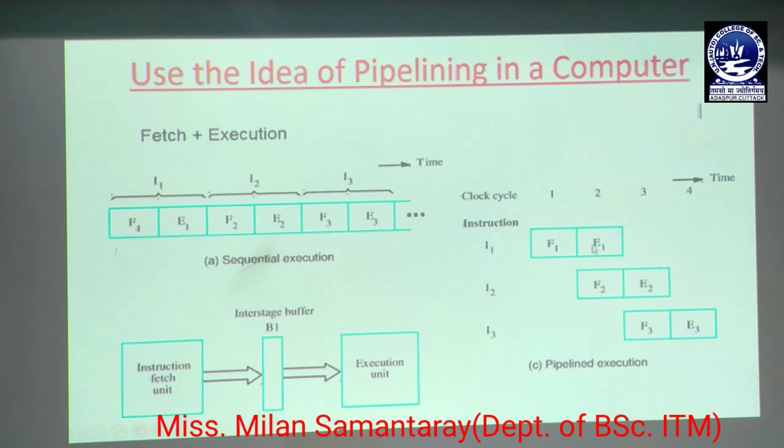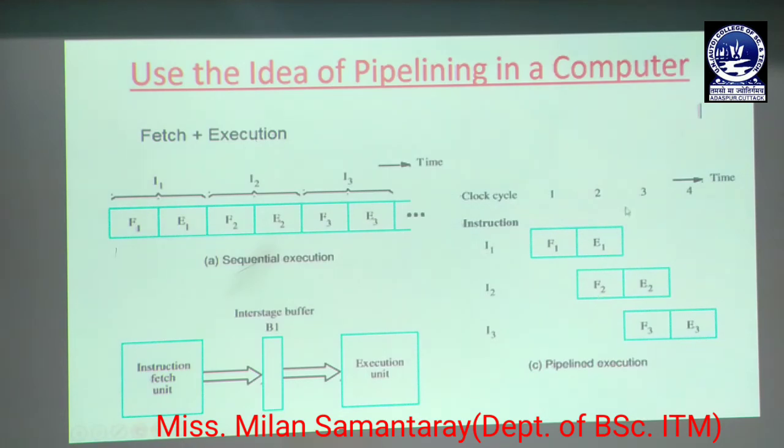And when instruction 1 is in execution, at the same time the processor can fetch another instruction and load it in the buffer, because the execution unit is busy executing instruction I1 in clock period 2. That means in the second clock cycle, I1 is in the execution phase and I2 is in the fetch phase.